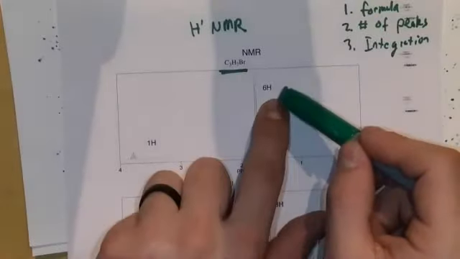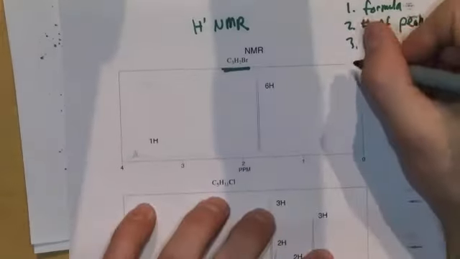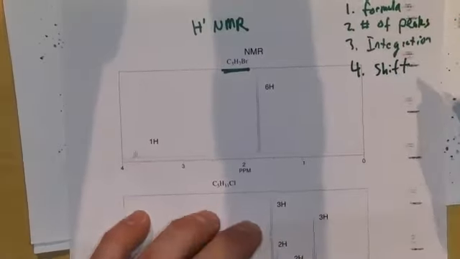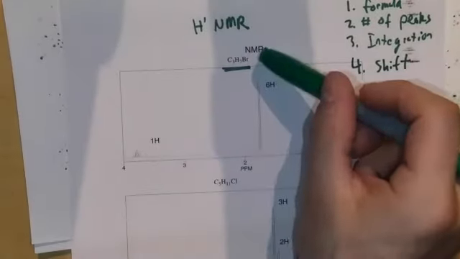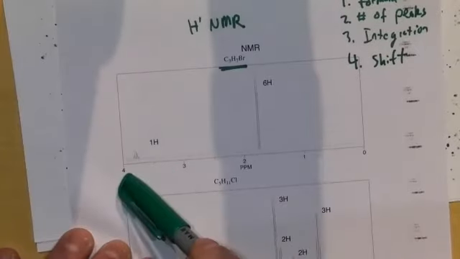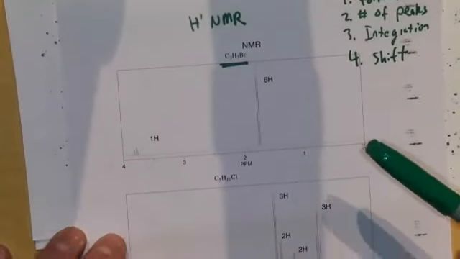This is 6H, which generally means it's going to be symmetrical CH3s. I'll talk about that in a second. Your shift. So depending on how close you are to something that is electronegative, like a bromine or an oxygen, it's going to shift you further downfield on this parts per million range here.